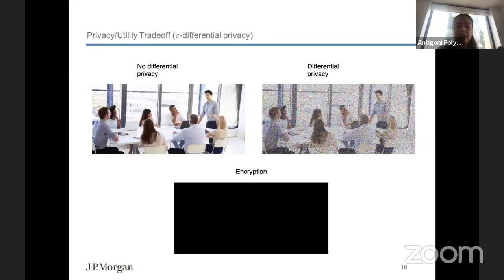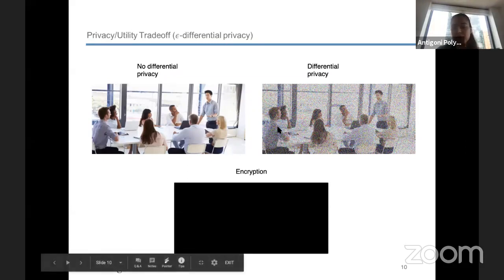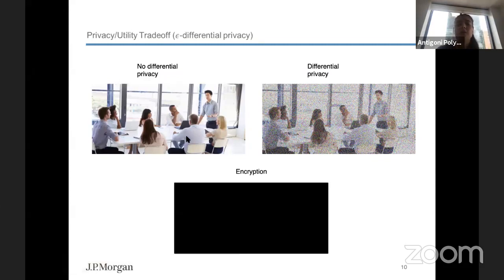And there's this trade-off between the epsilon, and in our application it will be the P&L. As I said, we cannot add too much noise and have a negative P&L. With differential privacy, we are not hiding all the information about the data set. We are hiding only particular information. For example, here we're hiding the nationality of the guy that is talking.